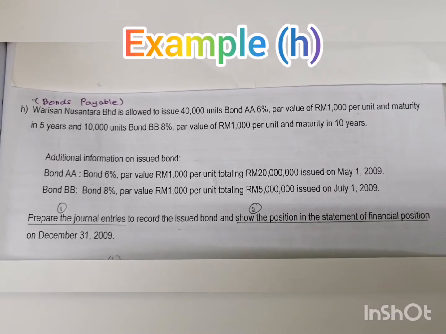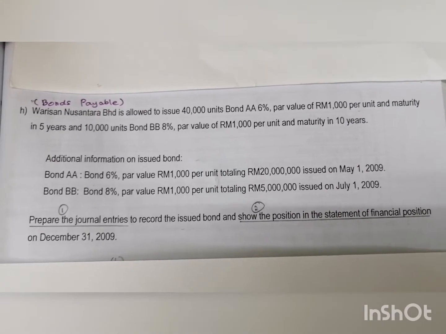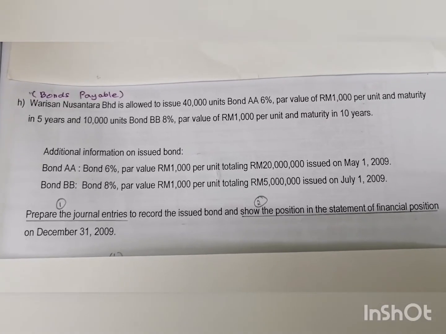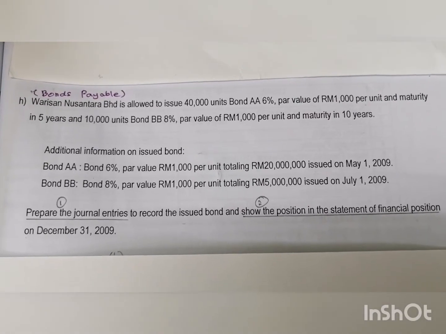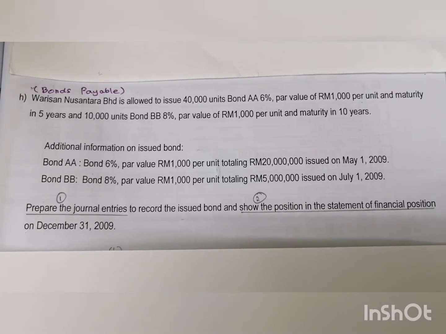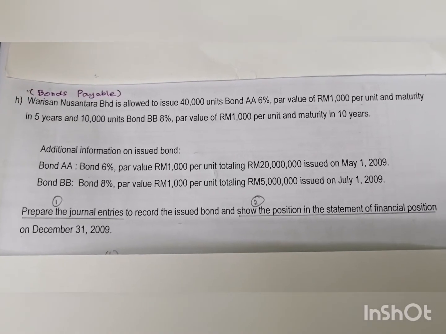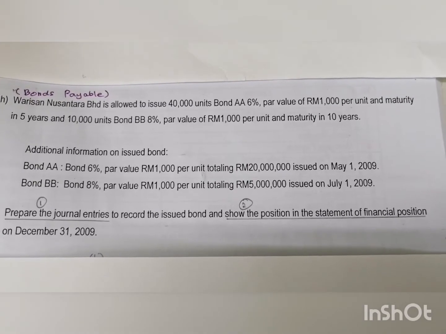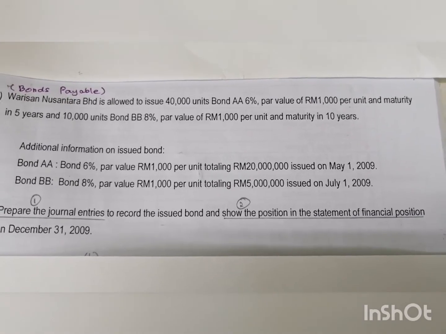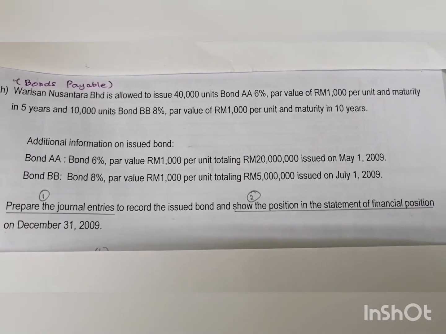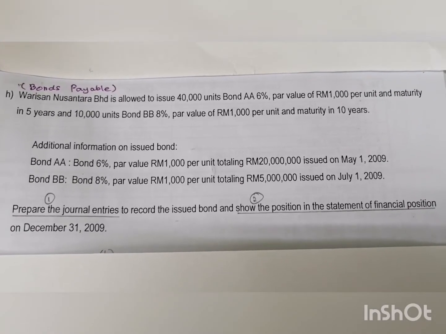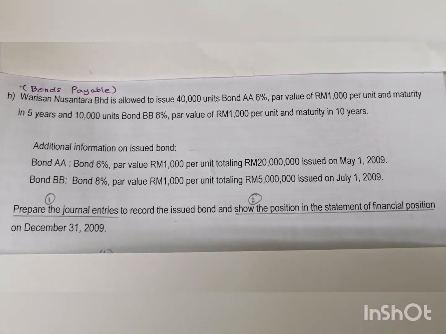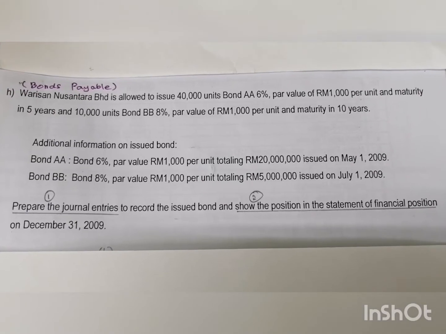Now look at example H in your tutorial book. This is about bonds payable. Warisan Nusantara Berhad is allowed to issue 40,000 units of bond AA 6%, par value of 1,000 per unit, maturing in 5 years, and 10,000 units of bond BB 8%, par value of 1,000 per unit, maturing in 10 years.